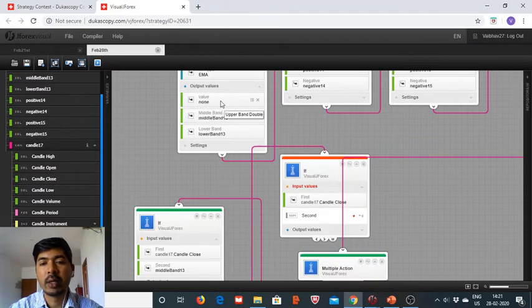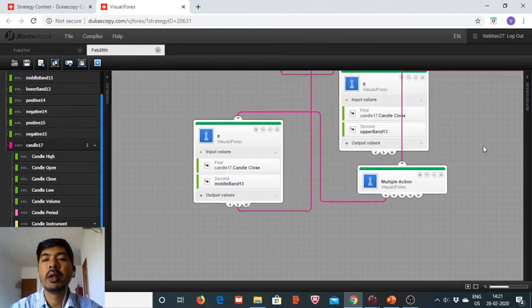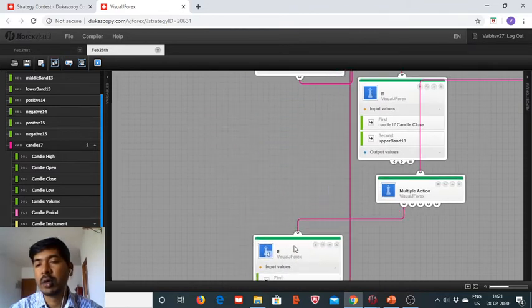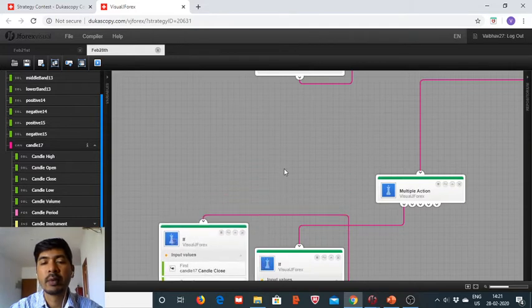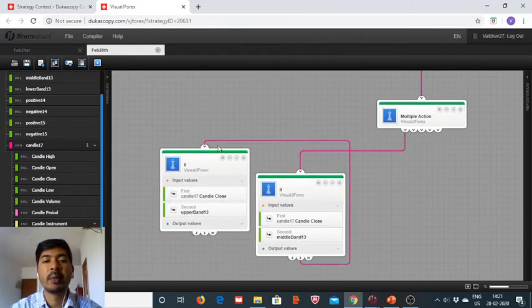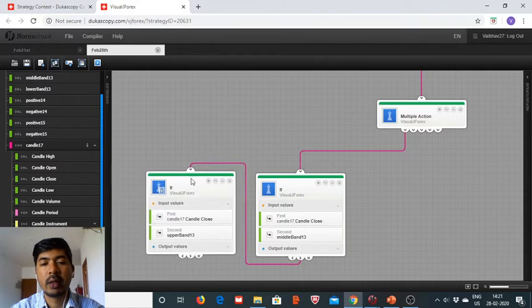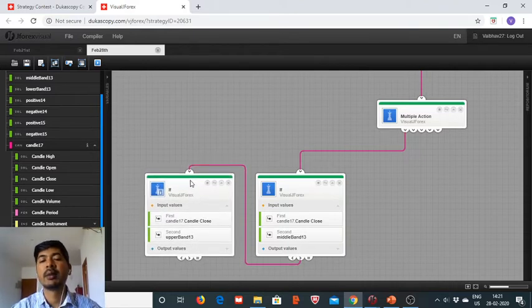So we again bring in the upper band. So I hope you got the point where we are trying to make sure that the price action is happening in the territory as defined by us.